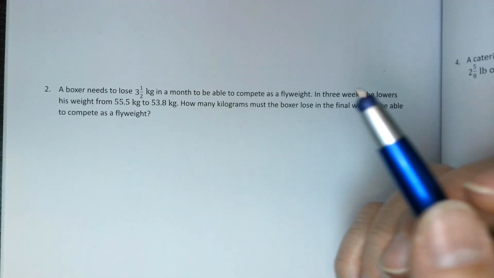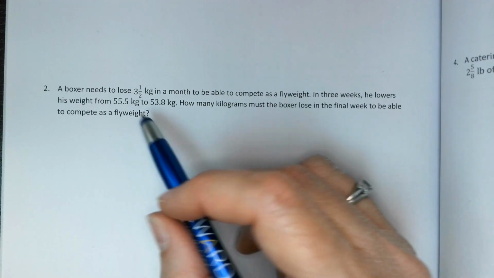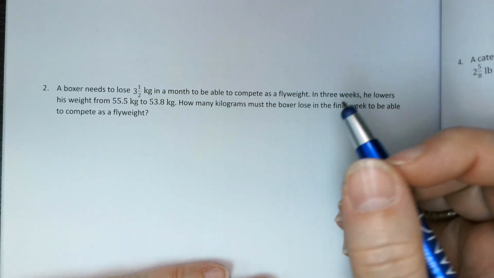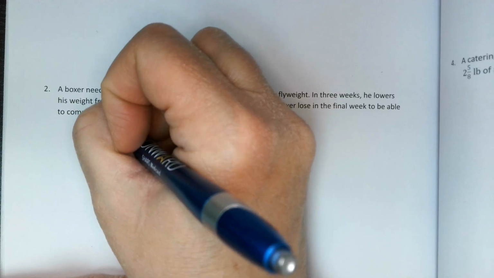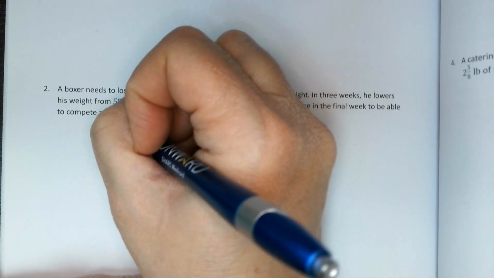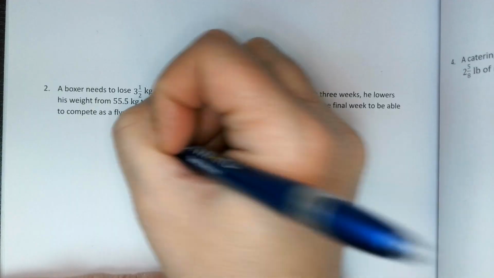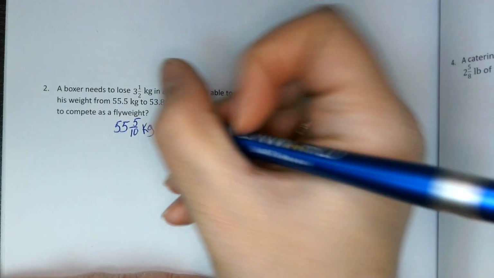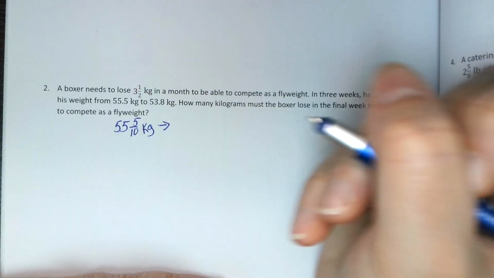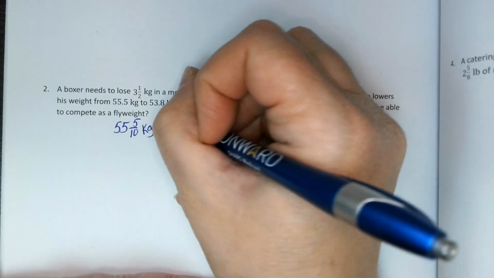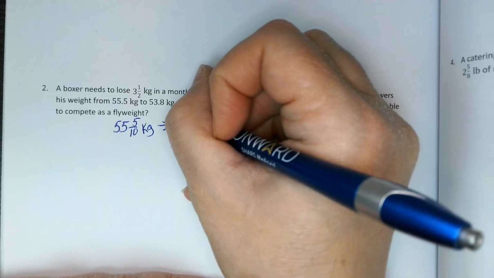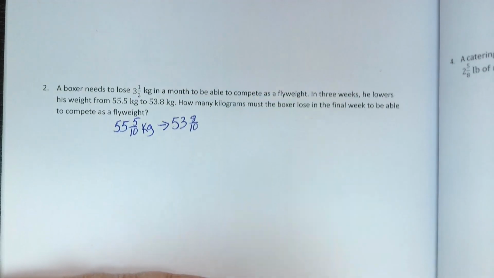Here, students should say this out loud to know what we have. We have 55 5/10 kilograms, and then the boxer has gone down to 53 8/10 kilograms.